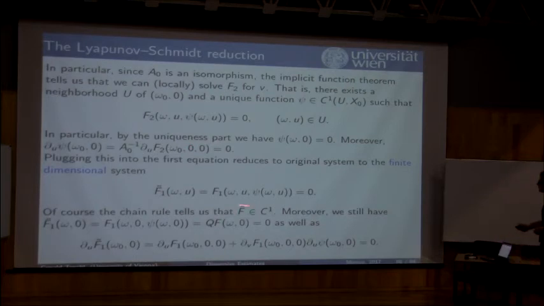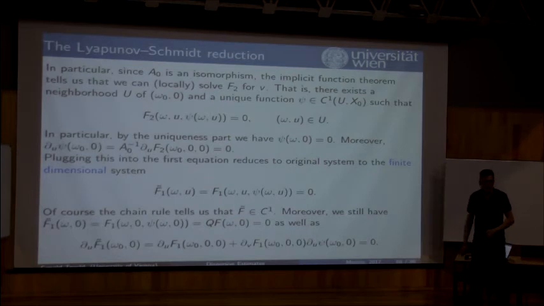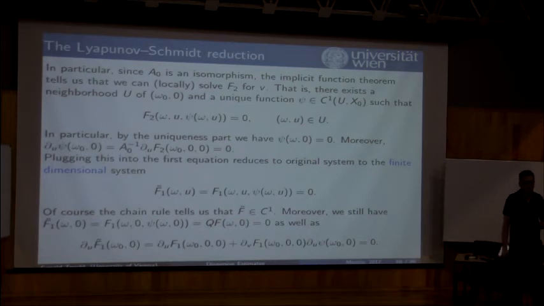This is what still needs to be solved. But this now is finite dimensional because U is finite dimensional and the range here is also finite dimensional. So that means we have effectively reduced our infinite dimensional problem to a finite dimensional one by applying the implicit function theorem. And this is this Lyapunov-Schmidt reduction for this particular problem which we have done right here.